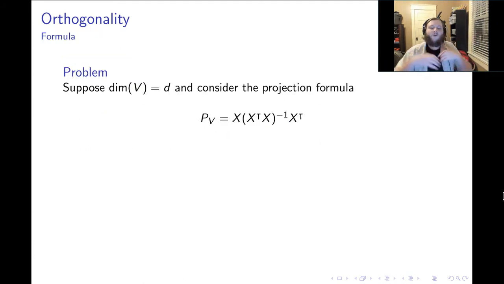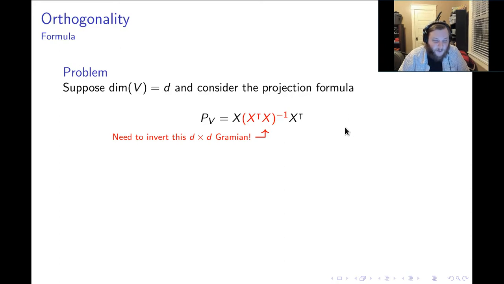And so now I want you to think about the general situation. If the dimension of our space is d, let's look at the projection formula. It's x times the inverse of the gramian of x times x transpose, where the columns of x form a basis of the space.